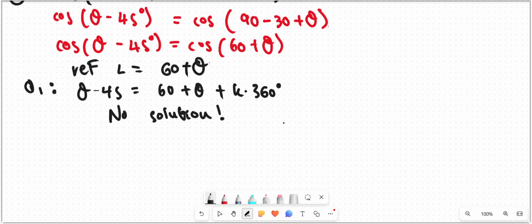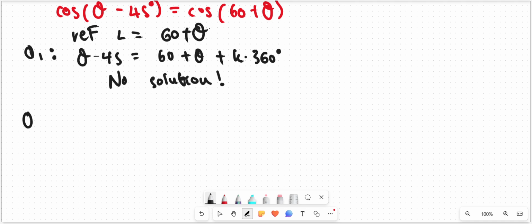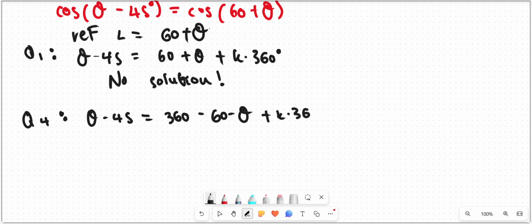So that's the one in quad number 1, but the one in quad 4 would have theta minus 45 equal to 360 minus the 60 minus the theta. Again, that is a binomial, so make sure you're subtracting it like a binomial. This one gives me a 2 theta.